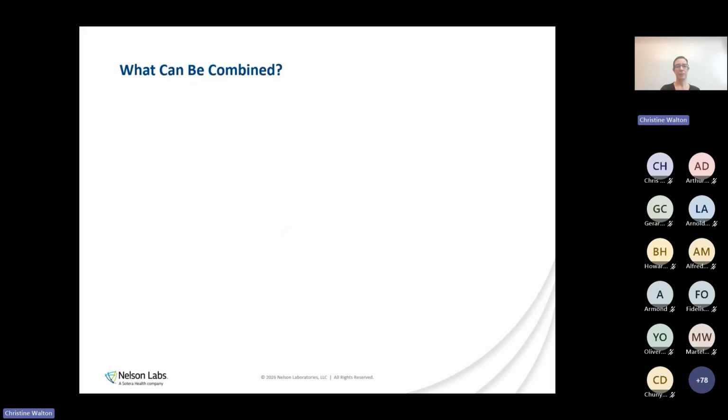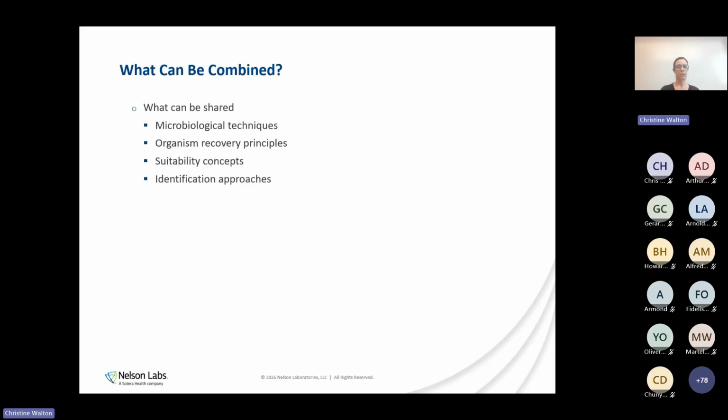Great, so we went through all of this. We said, please combine them, use good science, but then there's these risks we need to be aware of. So let's highlight what we can share between these methodologies and what we need to be a little bit more vigilant on. So what can be shared? Those microbiological techniques, the organism recovery principles, suitability, identification.